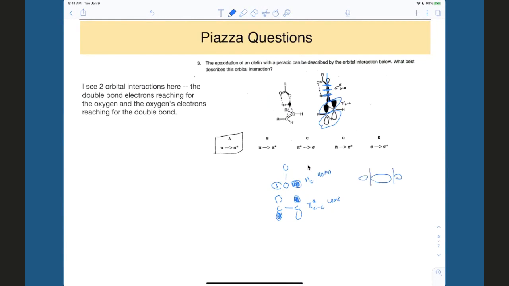We always have a node here and here with one filled in the middle. So this would be sigma. Whereas if it's just a p orbital that houses a lone pair, or just a single sp hybrid, then it generally looks like that. All right, cool. Now I can answer this question.